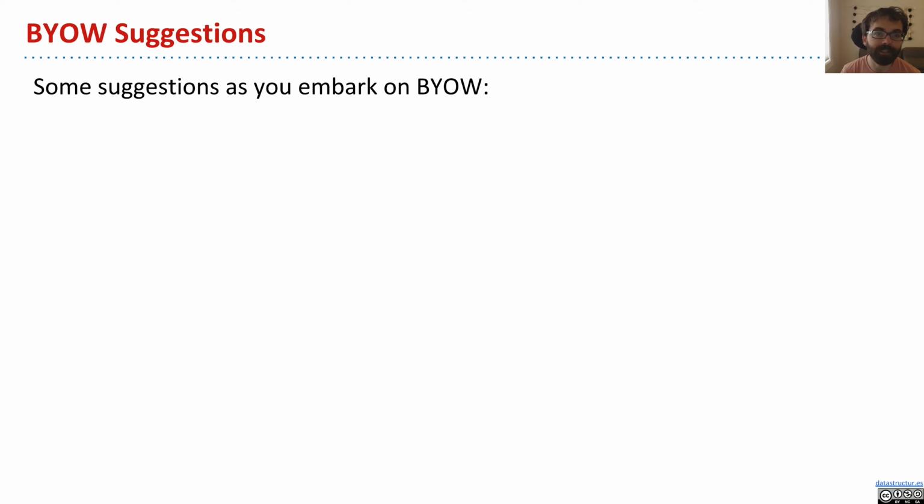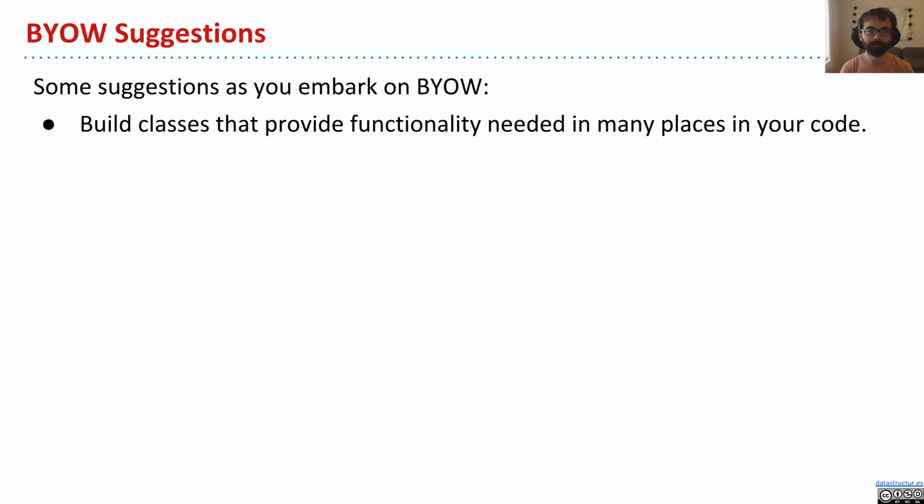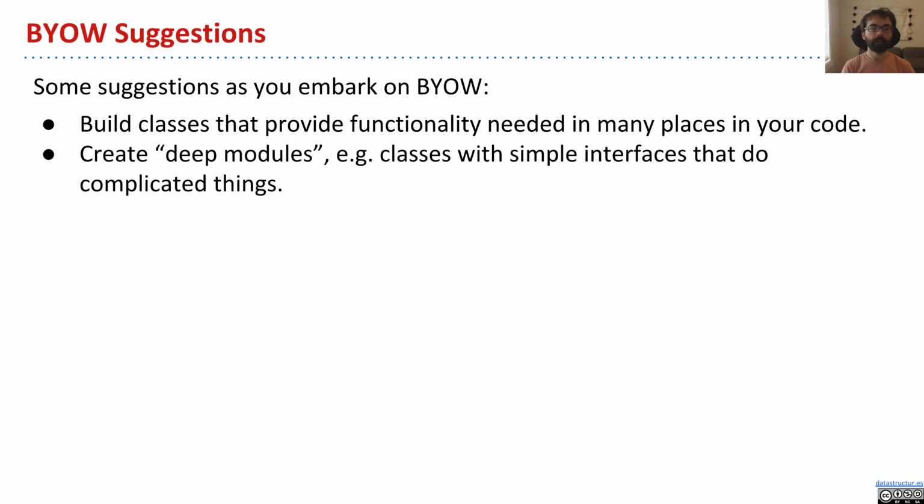So some suggestions as you're embarking on Build Your Own World. I think it's very important to avoid unnecessary dependencies and get rid of obscurities by building classes that provide functionality that is needed in many places in your code. So if you need a random seed in two different places, make one method or one class that deals with that. Another is you should try to build what Ousterhout calls deep modules.